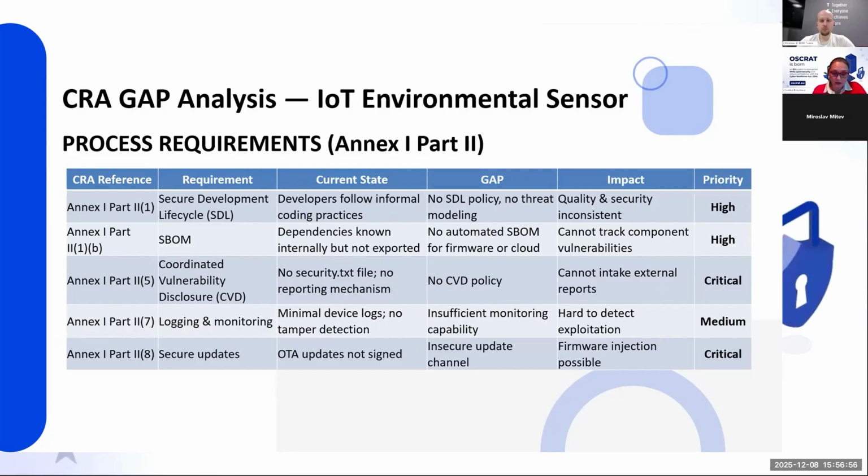The internal processes, I think, are where most organizations discover the biggest workload.